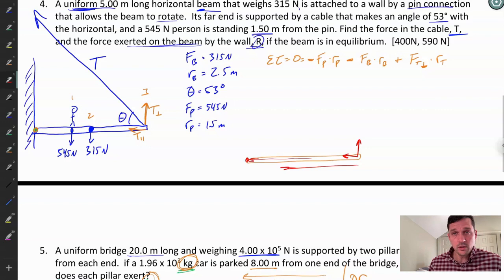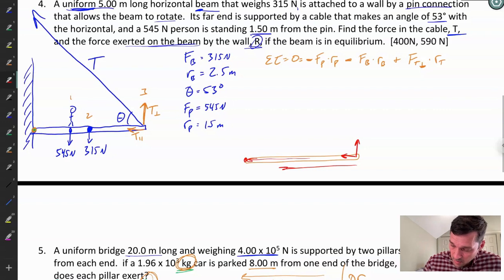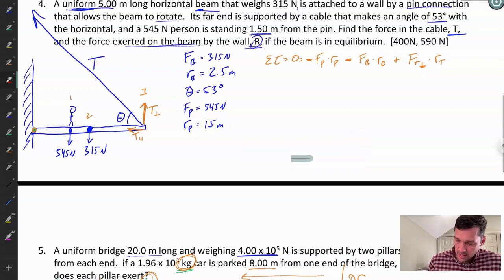So as far as torques go, only the perpendicular component of the force is going to have any impact on the rotation of the thing. And so this tells us that we need an expression for the force of tension perpendicular.